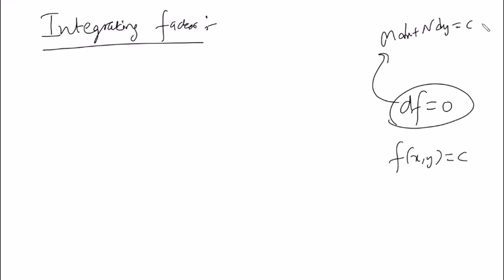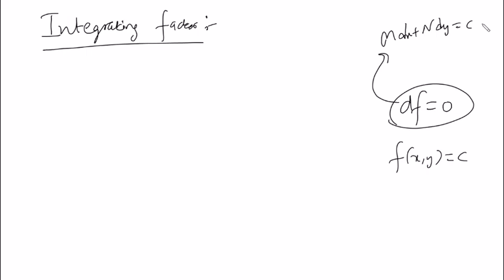Any doubt in this? From there I am trying to connect how integrating factor will connect. Integrating factor is a mathematical function which will be multiplied with the differential equation, and upon multiplication it will turn it into exact. So you have a non-integrable, non-exact differential equation.